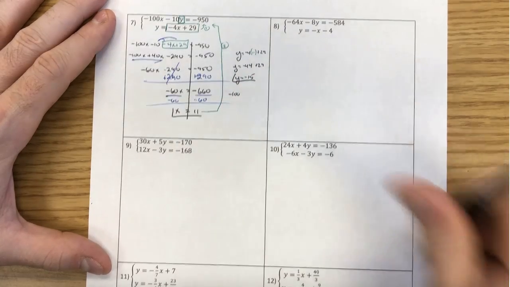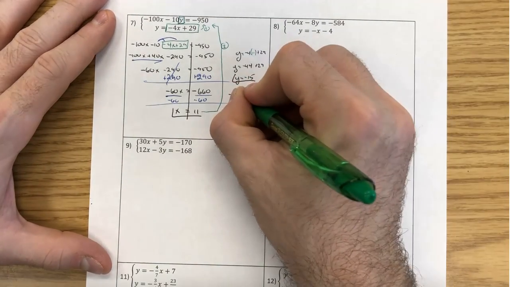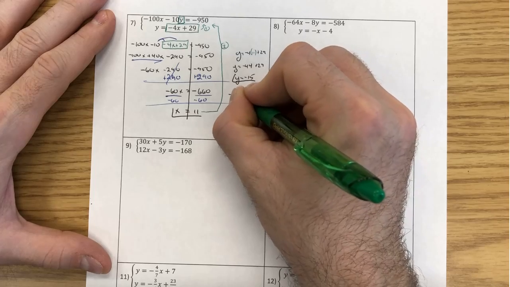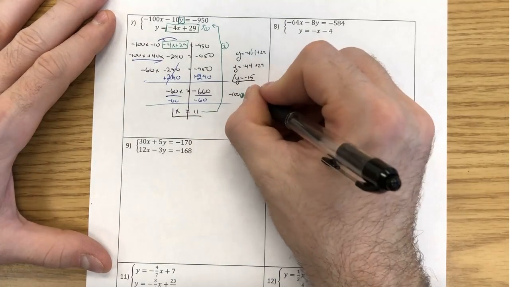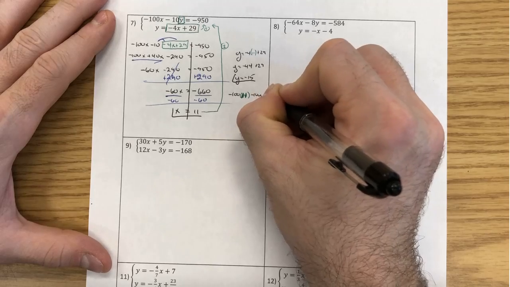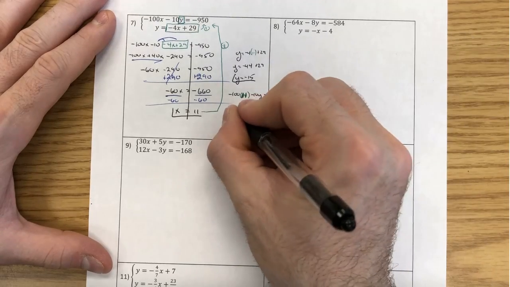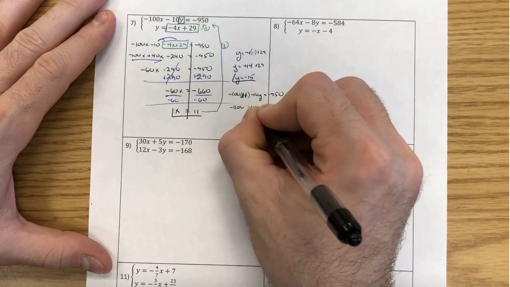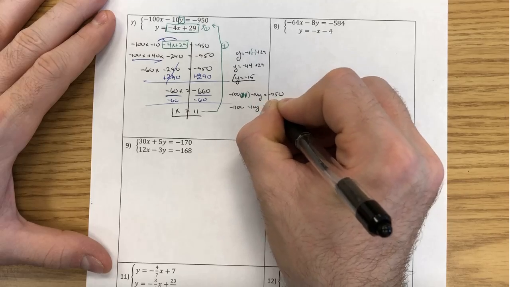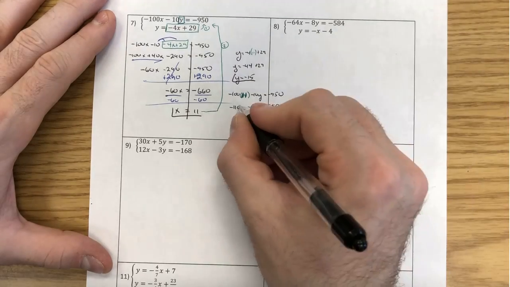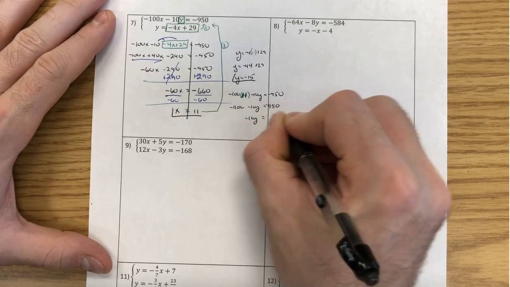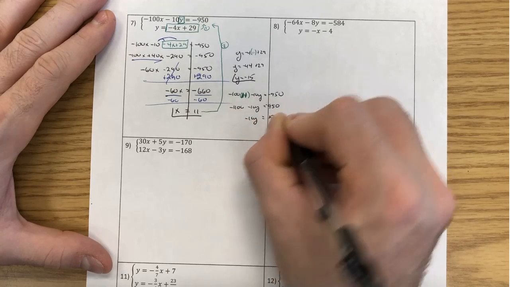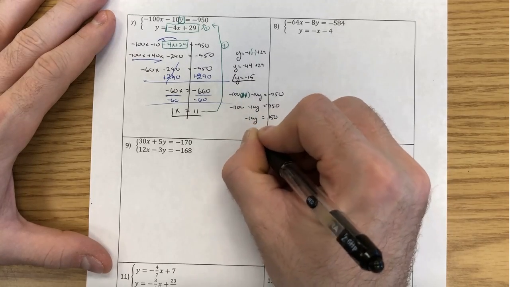-100 times -4, oh, not -4, times 11 minus 10y equals -950, -1100, add my 1100, divide by -10.